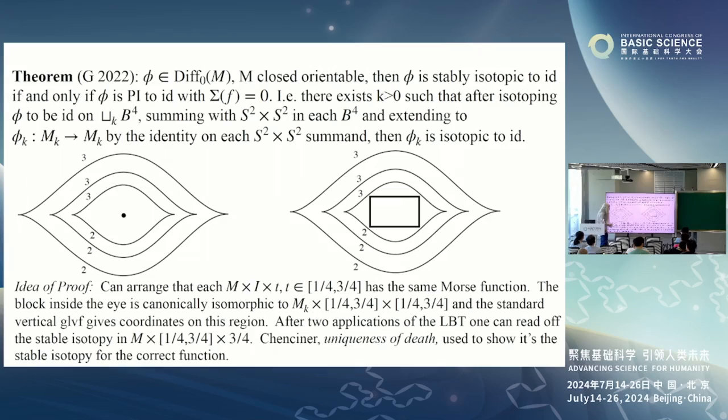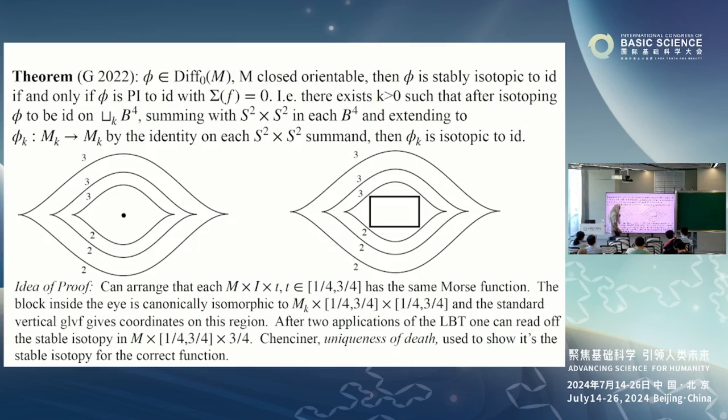So the upshot is that you organize the data inside, literally inside the eye of the one-parameter family diagram, and you literally see stable isotopy right here.